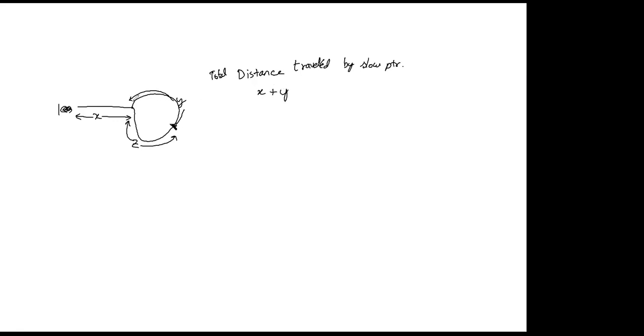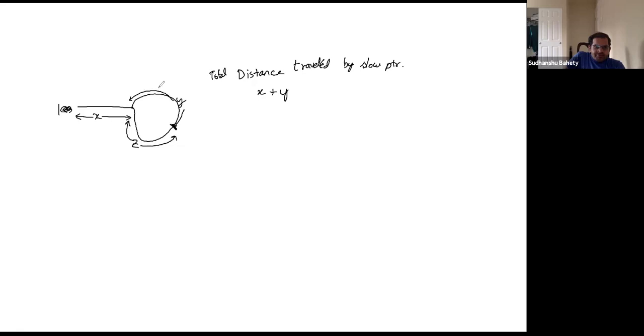But remember, the slow pointer can also move in circles, right? So it's not exactly X plus Y. It's X plus some M1 times the length of the entire circle. Say L is the circumference of the circle, and then Y.